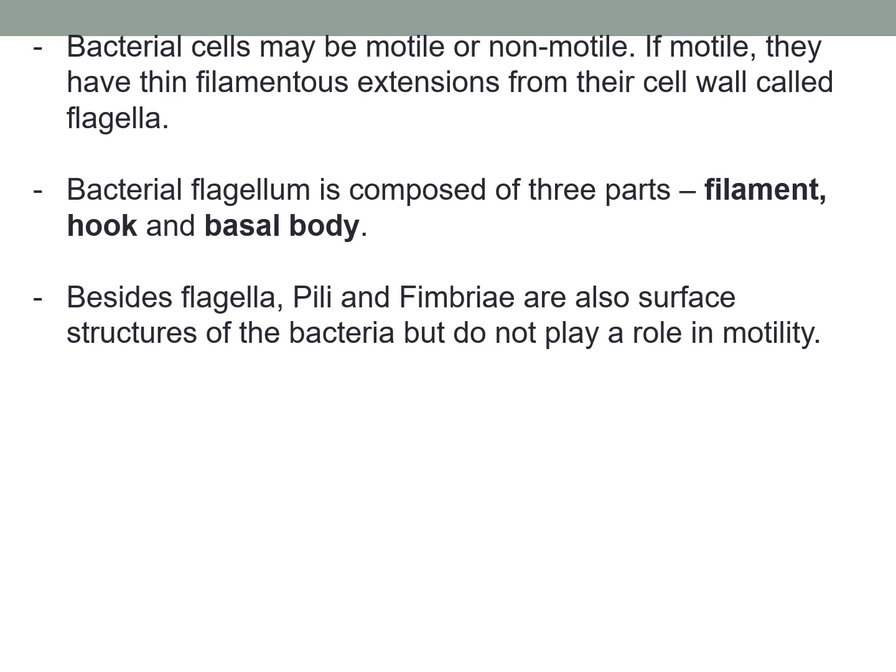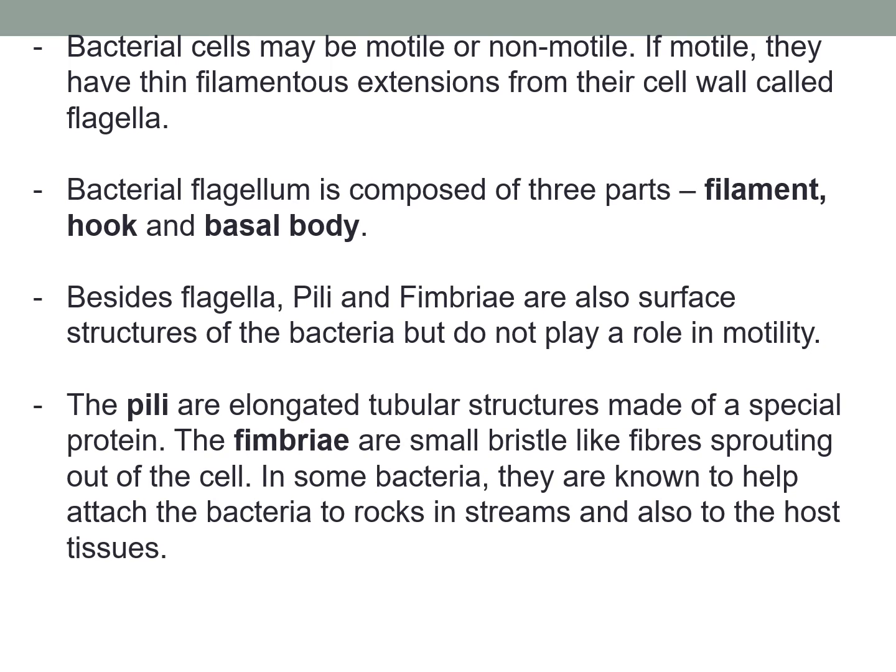Besides flagella, pili and fimbriae are also surface structures of the bacteria, but do not play a role in motility. For motility or locomotion, flagella is important. Then what function do pili and fimbriae perform?